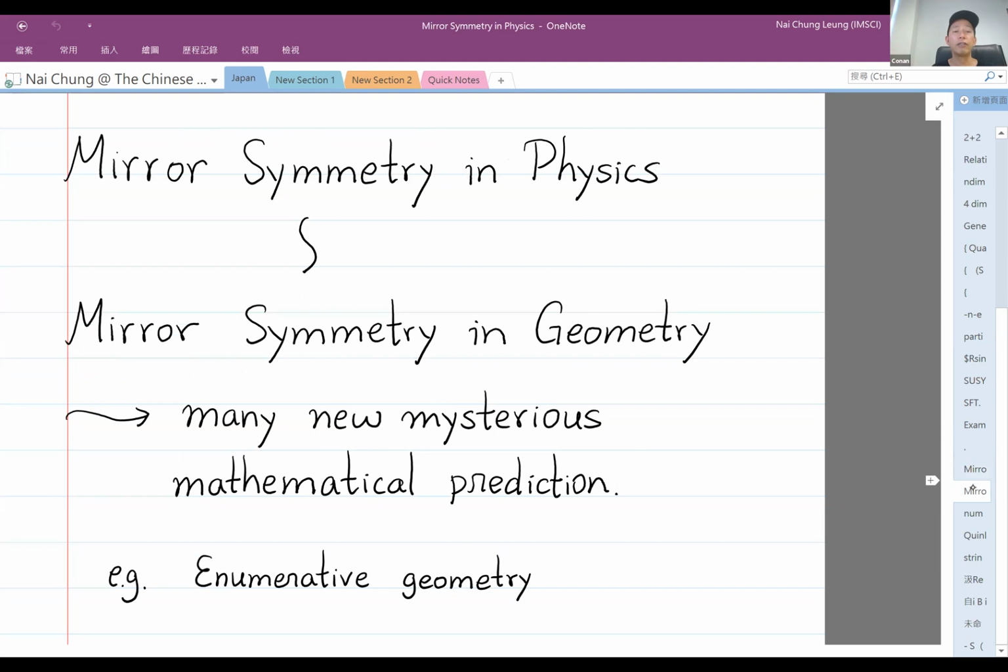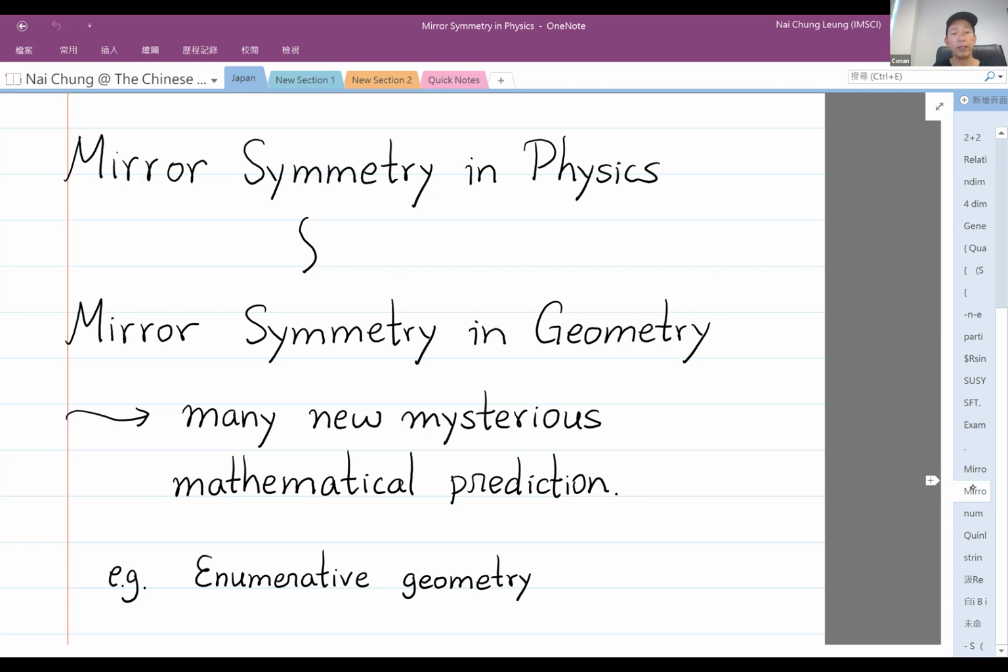But in fact, as I mentioned, the physics in 4 dimensions is essentially reflected in the geometry of this internal space, the Calabi-Yau threefold. So mirror symmetry should have a counterpart in geometry.